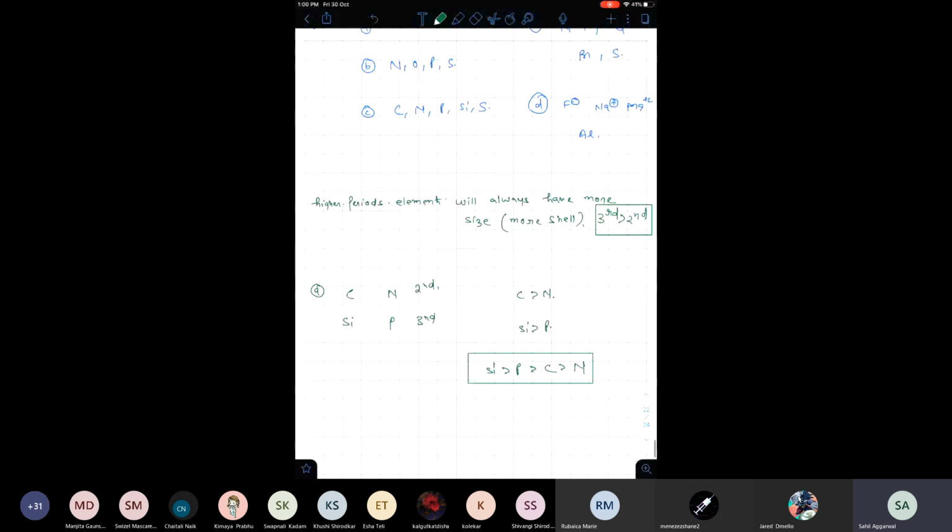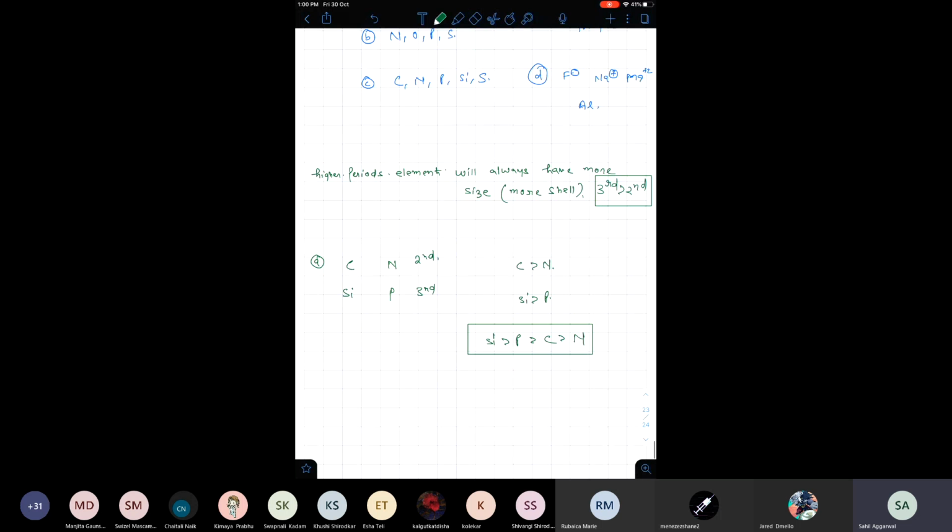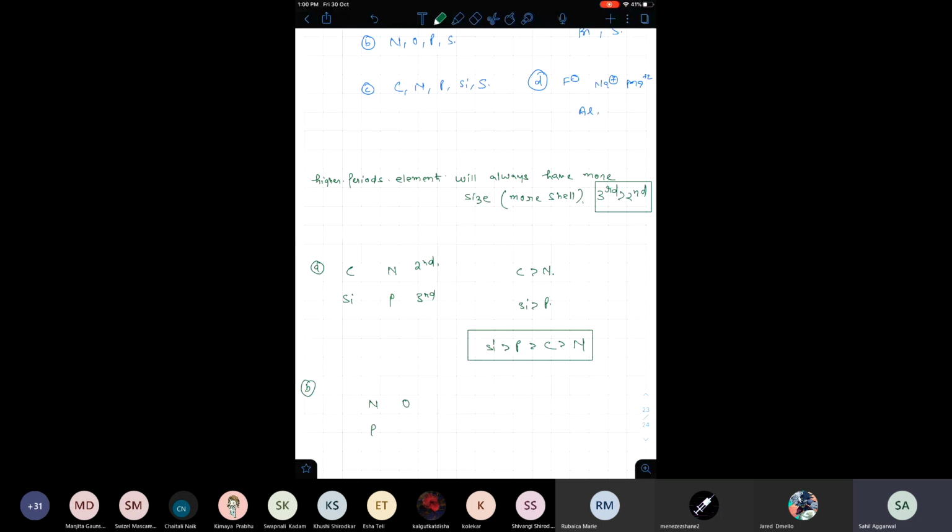Okay. Next question. Nitrogen, oxygen, phosphorus, sulfur. Third period, second period. Nitrogen is bigger than oxygen. Phosphorus is bigger than sulfur. What is beside S in the fourth question?